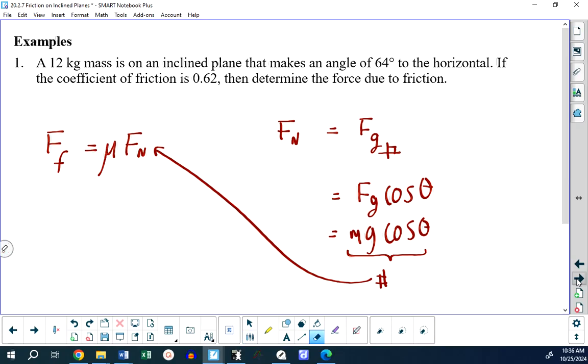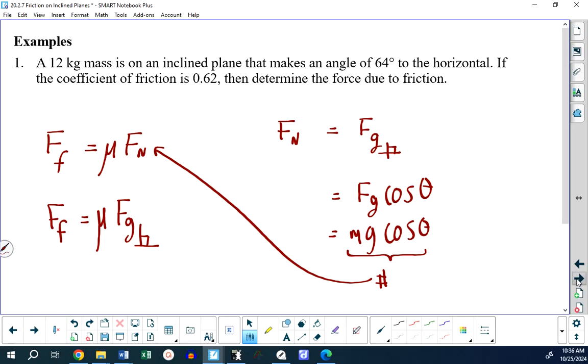Capiche? I want you to get in the habit of doing this instead: building a single equation. There are going to be problems in physics in this course that cannot be solved in steps. You have to build a single equation.